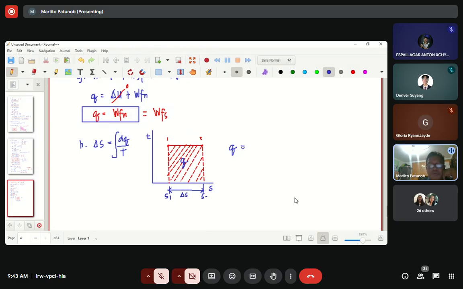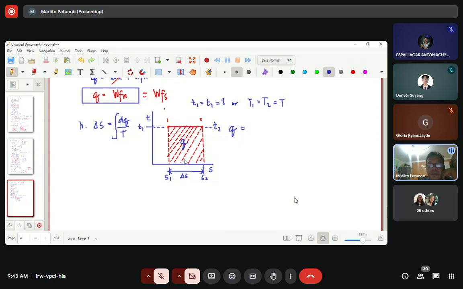So this one is S1. This one is S2. And this one is T1, and the same here, T2, no? And T1 is equal to T2 is equal to T. Since we are calculating, we are using the absolute temperature.